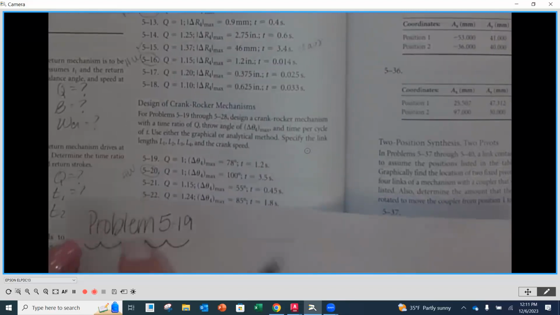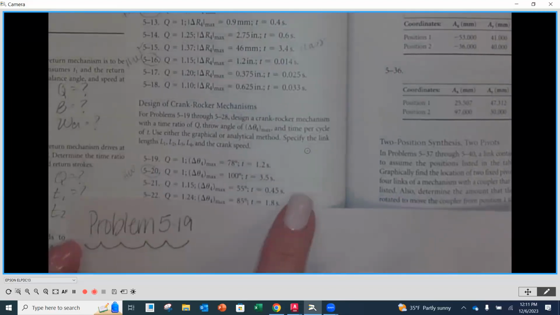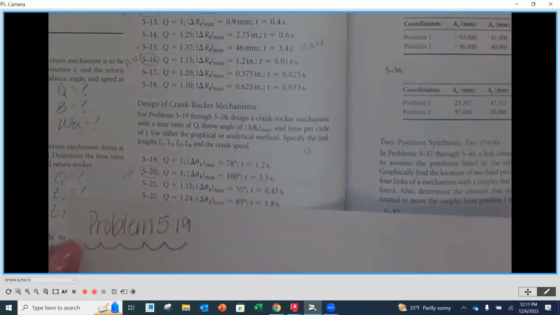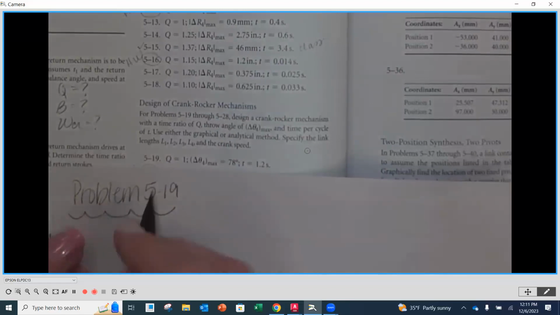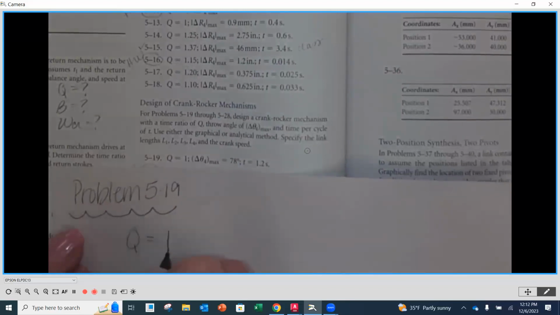So I'm going to start with just identifying this is problem 5-19. And again, this is going to mimic 5-20, but different numbers. So we know that our Q is equal to 1.